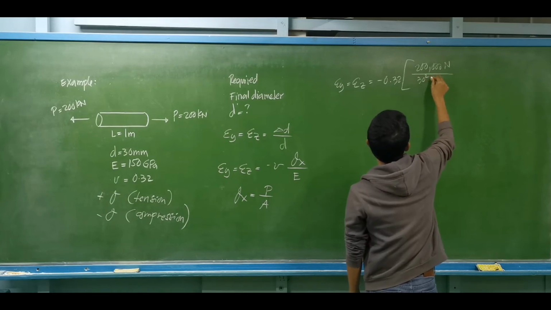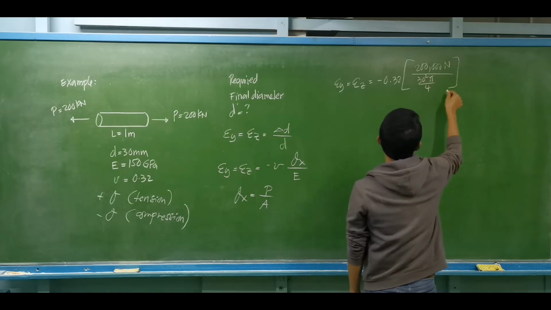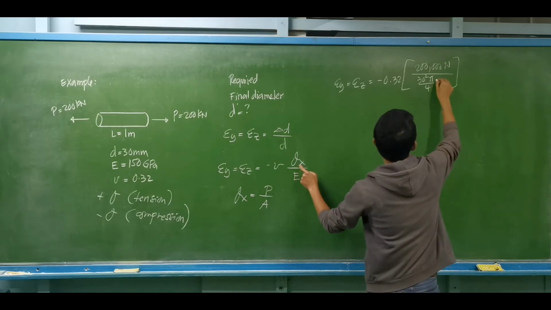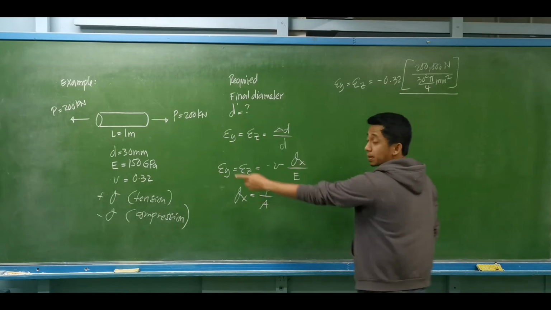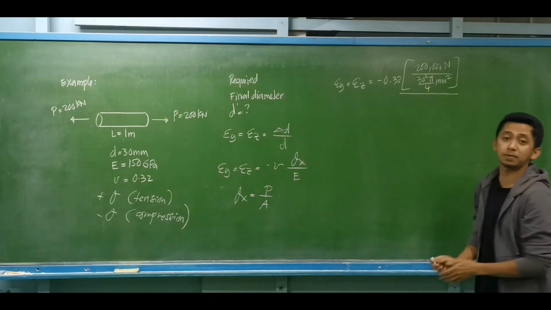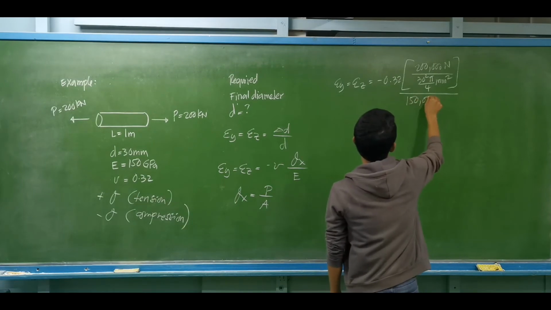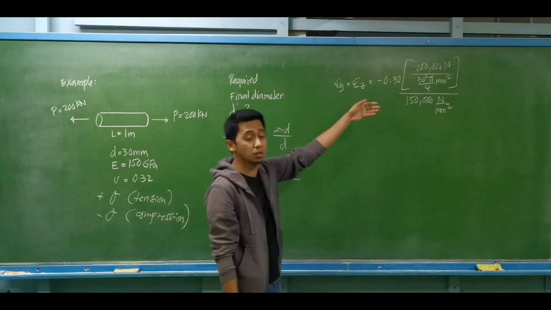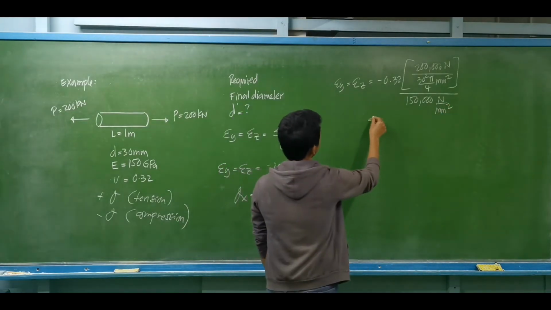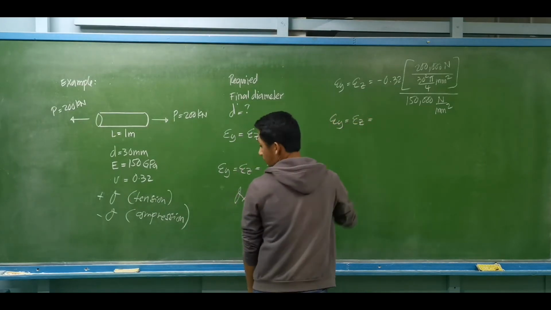So this is 30 squared pi divided by 4. So this is the equivalent of the stress, this is in terms of square millimeters, divided by the modulus of elasticity. We have 150 gigapascals, or the same as 150,000 megapascals, or that is the newtons per square mm, since strain is unitless. So we have the value of the strain along Y equal to the strain along Z.